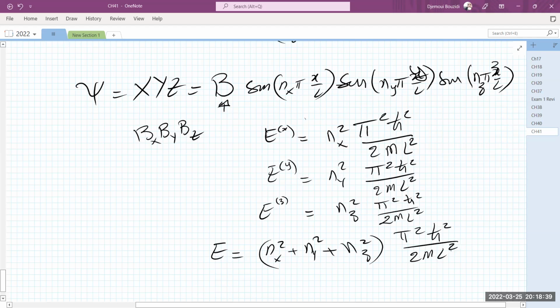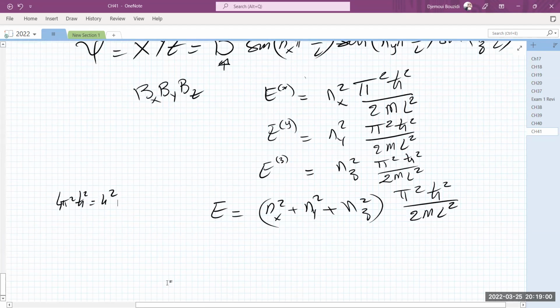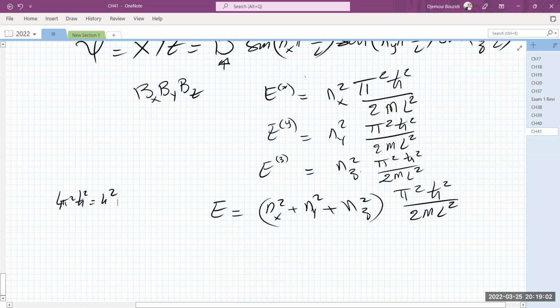It's worth remembering that 4 pi squared times h bar squared is nothing but h squared. So we could replace this formula by writing it as h squared over 8mL squared, because you will have 4 times 2, which makes it 8. So these are the energies of the system, and they depend on the parameters nx, ny and nz.